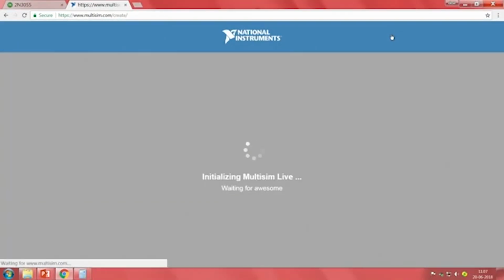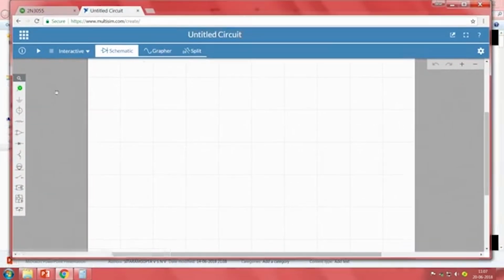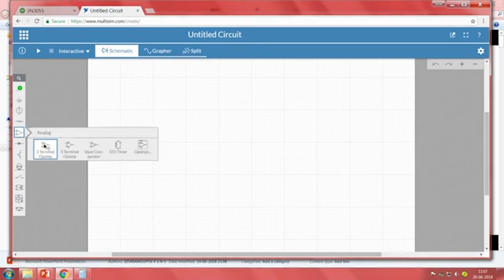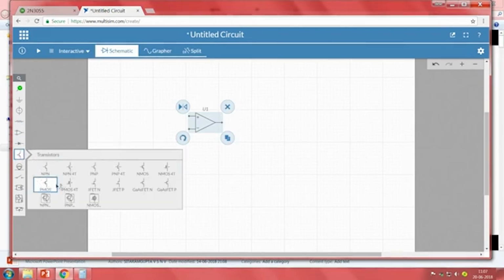I will create a new circuit. Since this is not the first time we are using Multisim, I do not want to explain anything. We will take an op amp, and we need a transistor, so I will go with an NPN transistor.